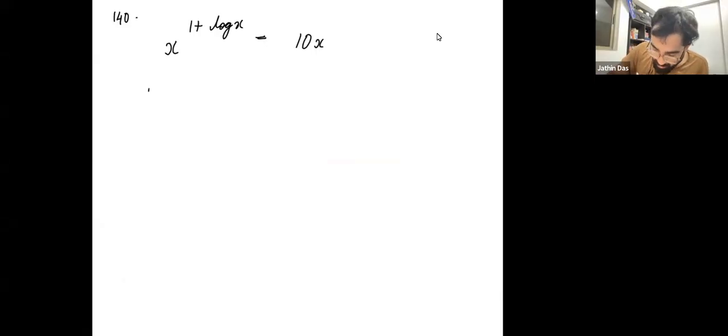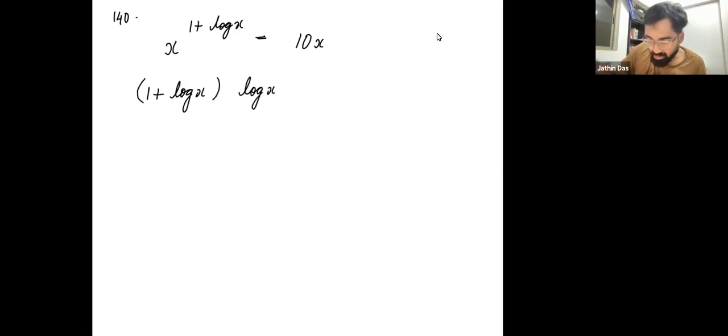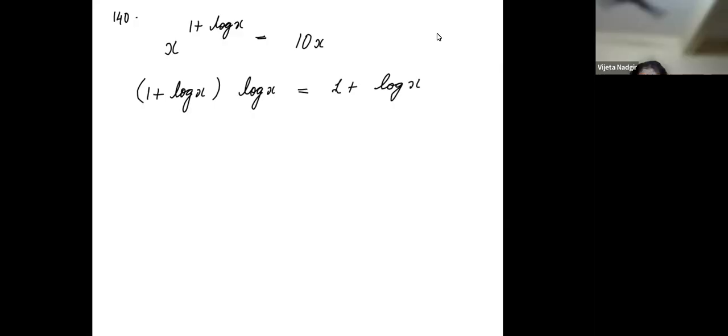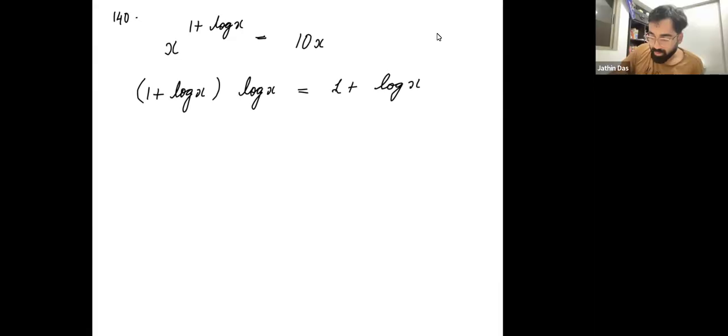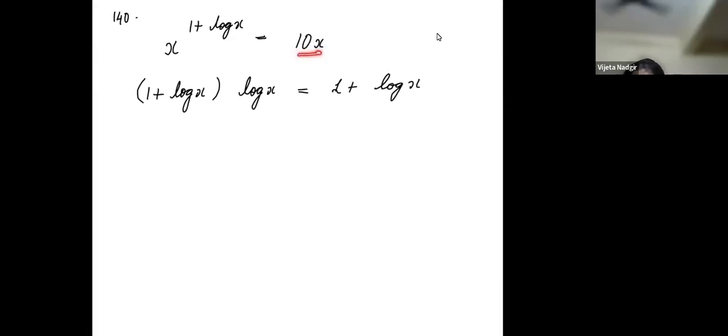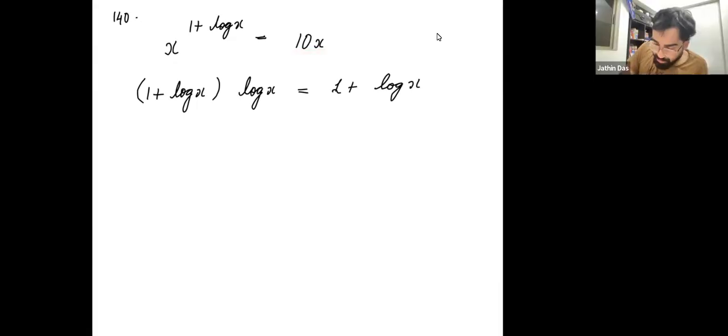So when you apply log on both sides, it will be 1 plus log x into log x is equal to 1 plus log x. Correct? Clear? Okay. Because log of 10x will be 1 plus log x only. And this is power, it went here, and log x.